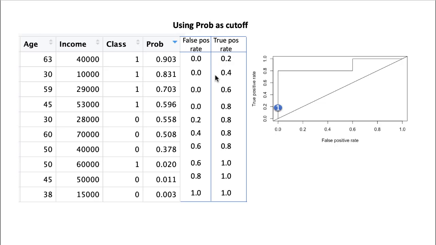Then if you look at this, false positive 0, true positive 0.4, that is that point. Then the next is that point, the next is that point. So here we have reached 0.0 and 0.8. So at this point, we are doing really well. We've got 4 true positives and no false positives. So if you use a cutoff of 0.596, then you will have a true positive rate of 0.8 and a false positive rate of 0, which is really good.